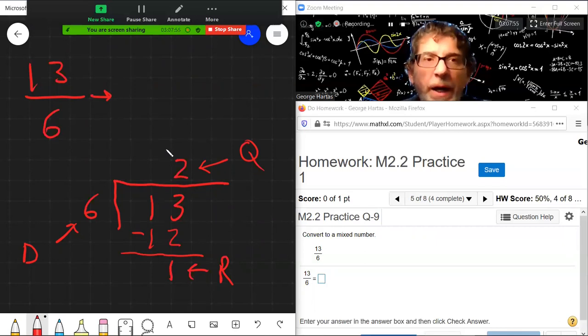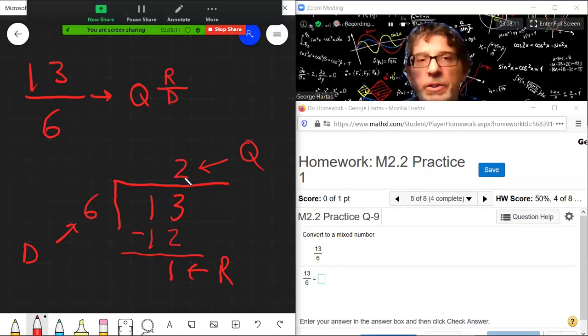Because the format of a mixed number follows this pattern. It's going to be quotient with remainder over divisor. All right, so we started from here. We did long division. We got our answer.